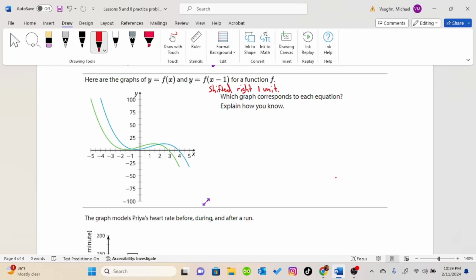And if we look, that means the left graph must be f of x because the graph on the right has been shifted 1, so it must be f of x minus 1.